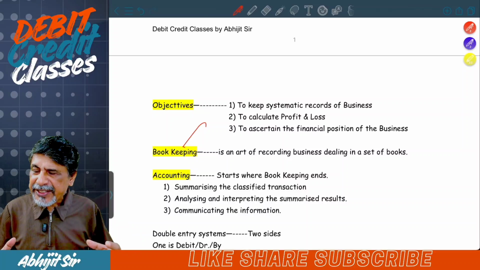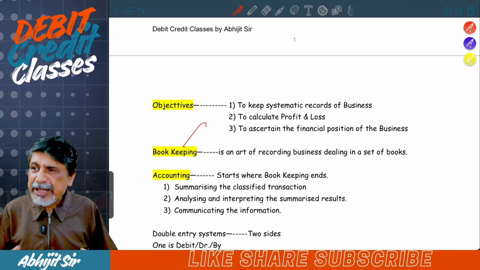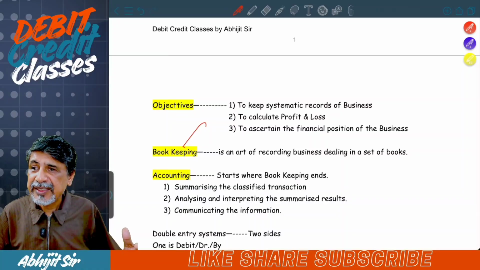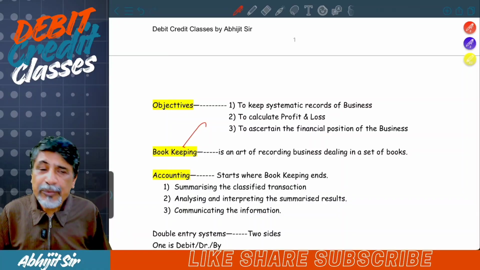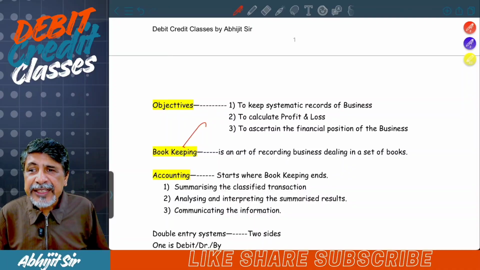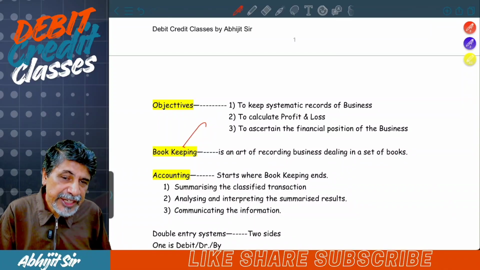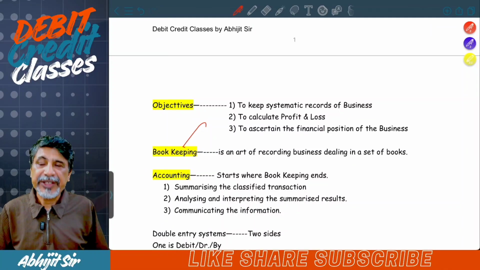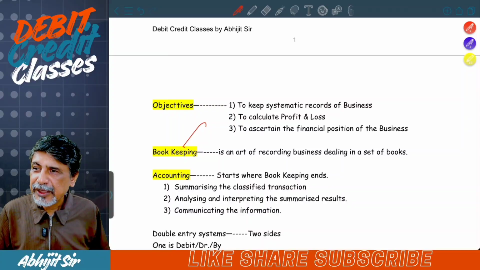So when we collect data at random and record it in a systematic way in the books, that is called bookkeeping. And who is the bookkeeper? Those who write this in a systematic way into books are called bookkeepers.